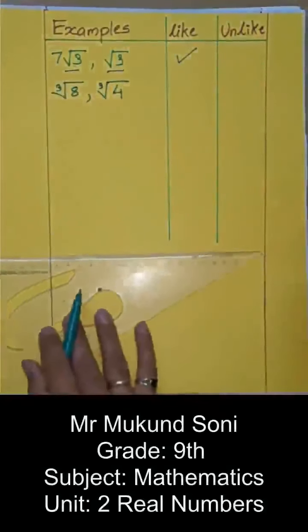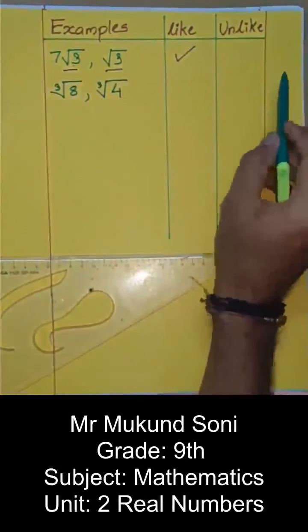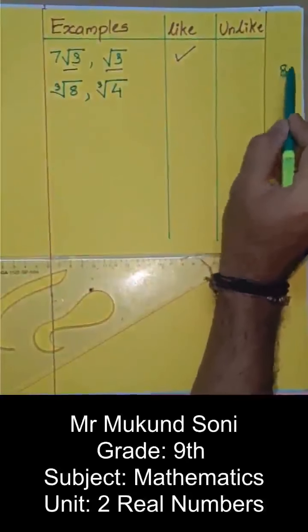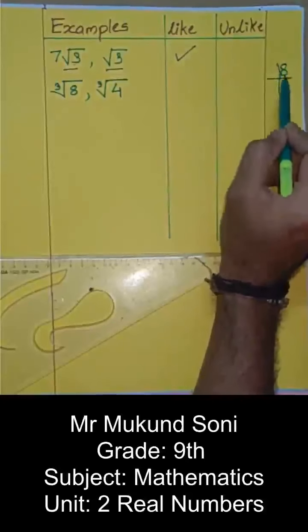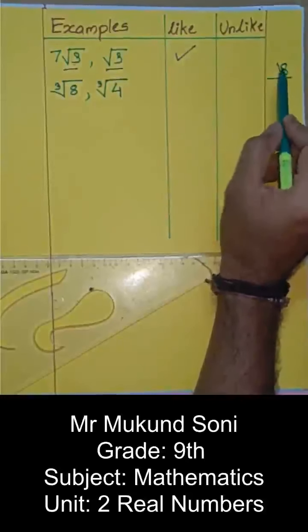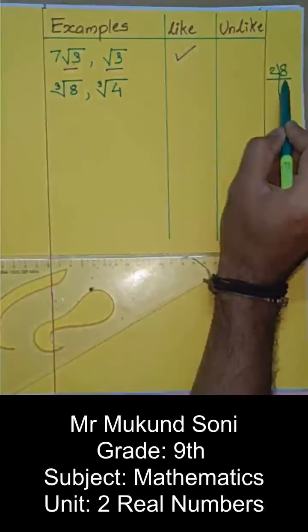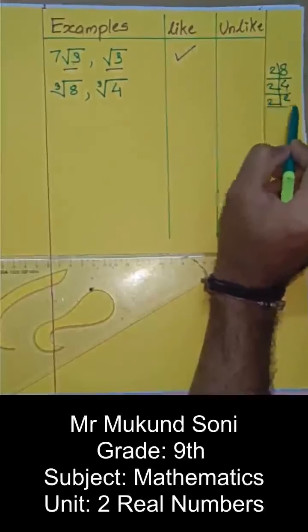Now, to justify your answer, first you should simplify it. How are you going to do this? By prime factorization. You take 8, use the rough margin we have produced earlier, then 2 fours are 8, 2 twos are 4, 2 ones are 2.